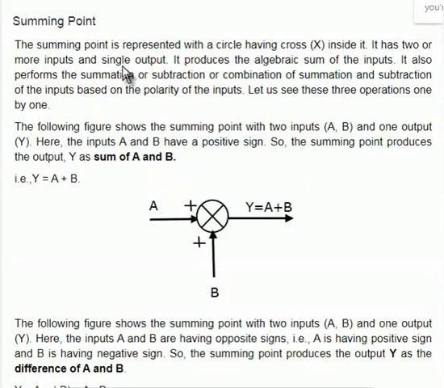and a single output. See here, in the block we have a single input and single output. In the summing point we may have two or more inputs. Here is one input to this single summing point and another input to the same summing point, but it should have only one output.